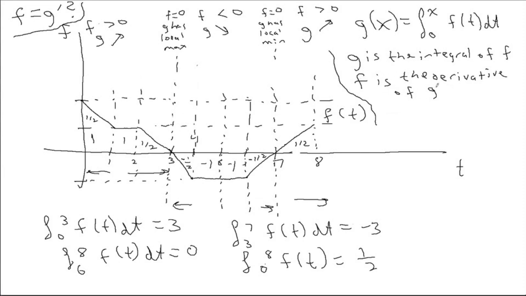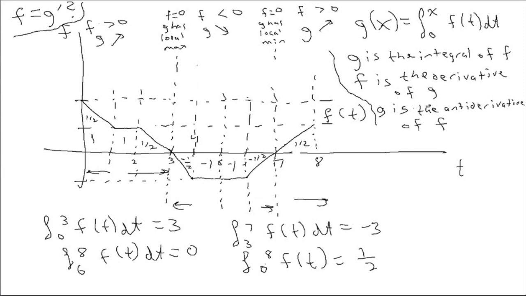If we say f is the derivative of G, what's another way to phrase that in words? G is the antiderivative of f.